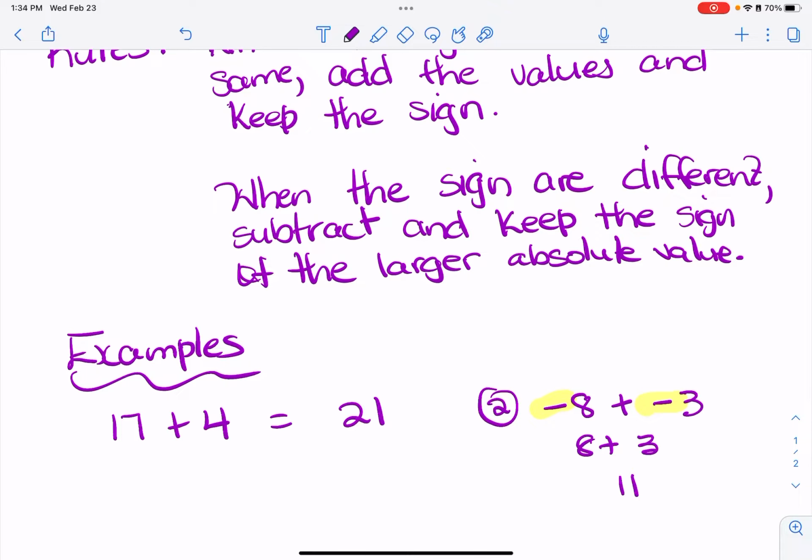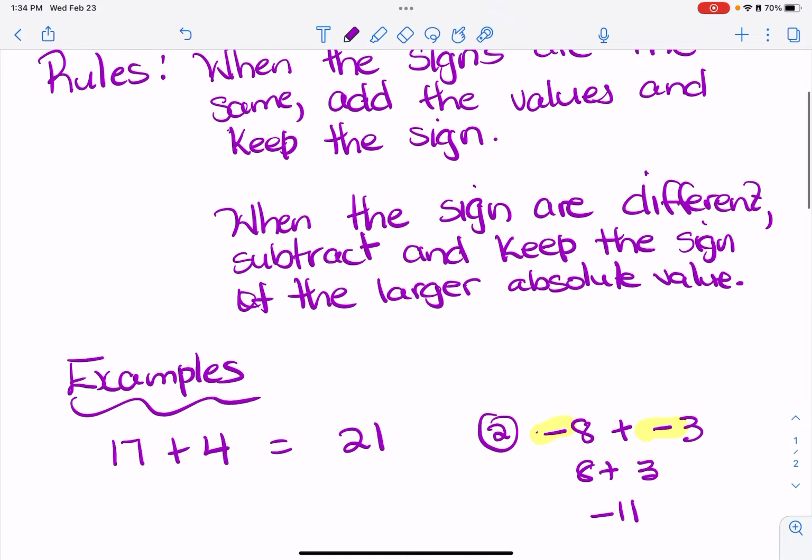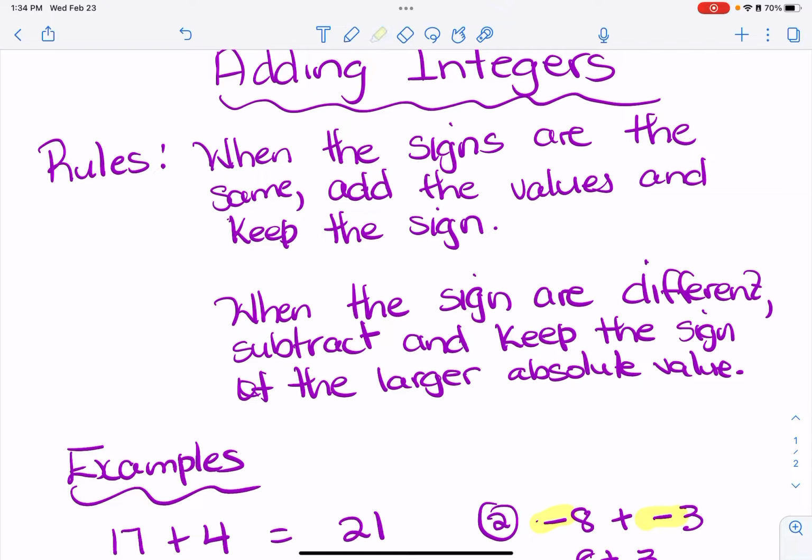And because I am adding two negatives, they're both negatives, I keep the sign. So my final answer would be negative 11. So again, the rule, whenever you are adding and the signs are the same, the rule is to add, and then you keep the sign.